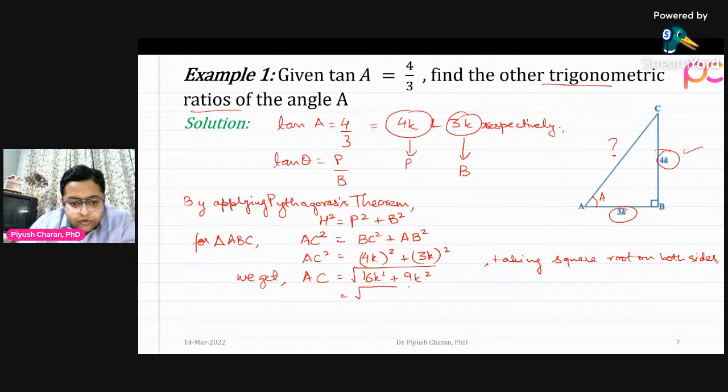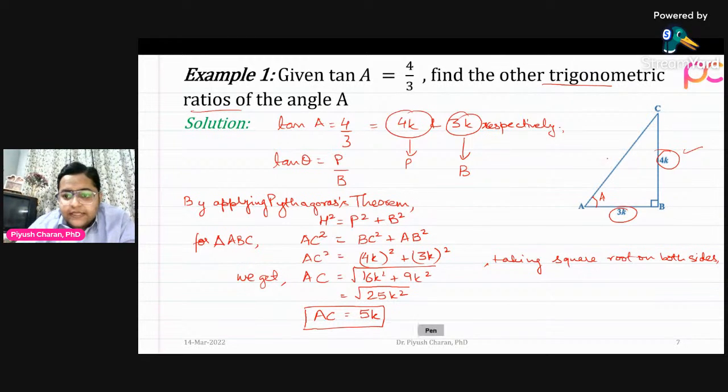So this will be the square root of 25k square, and simply we get 5k. So now we know that the length of AC, the hypotenuse, is 5k.